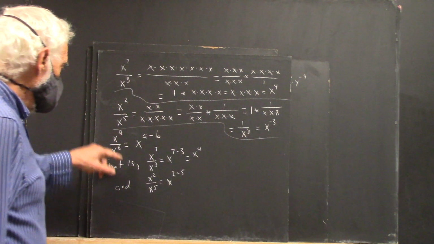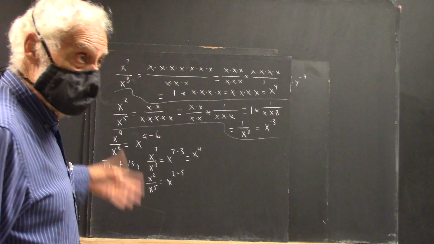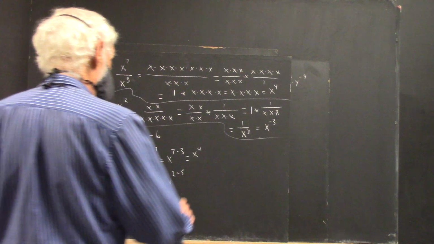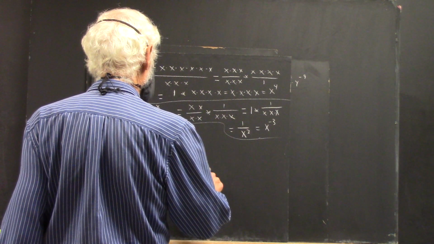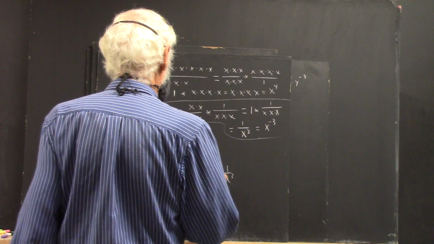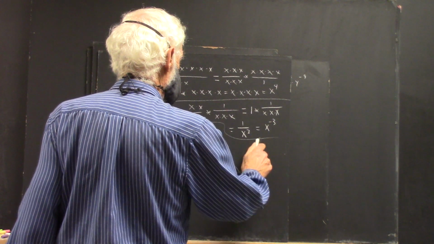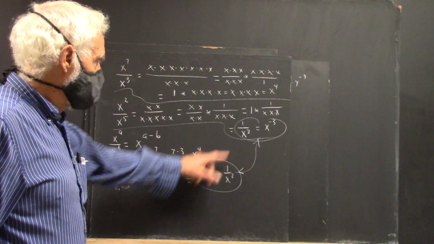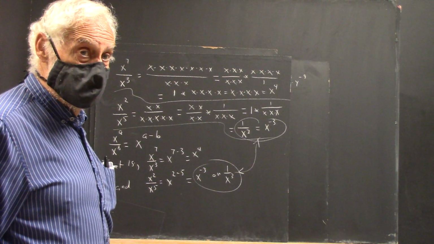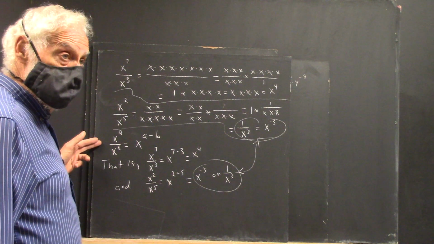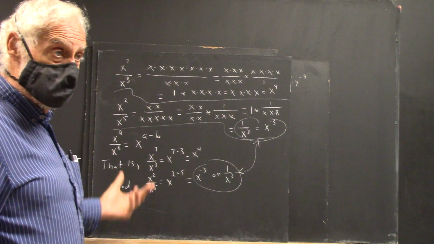Well, a would be 2 and b would be 5, so you'd subtract the 5 from the 2, get negative 3, right? This is the same as this, right? So this rule works. No matter what a and b are, the rule works.